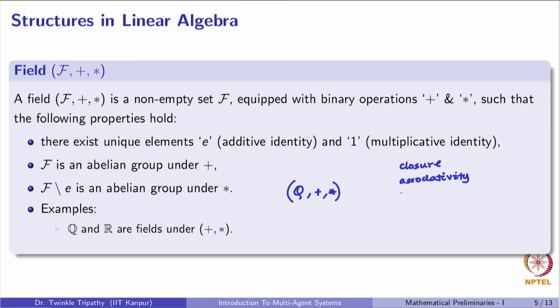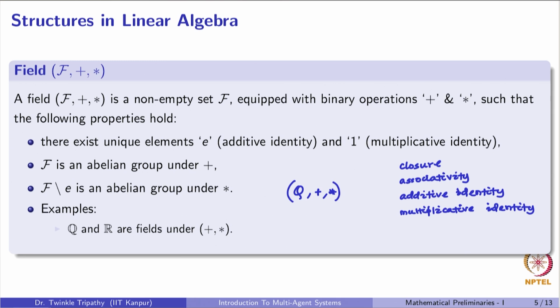So, we have only one unique element in the case of a group, which is the additive identity E. And then we have the multiplicative identity as well in the case of a ring and a field. These are the basic properties which the set has to satisfy.